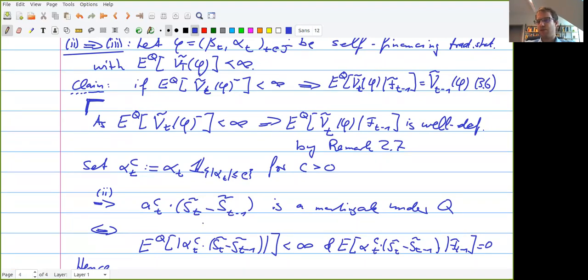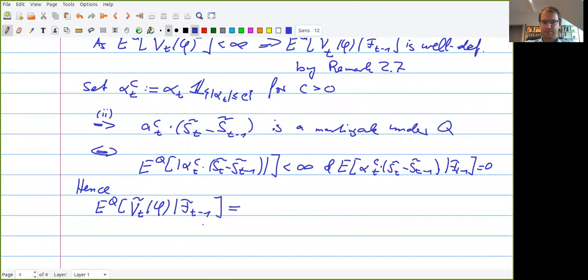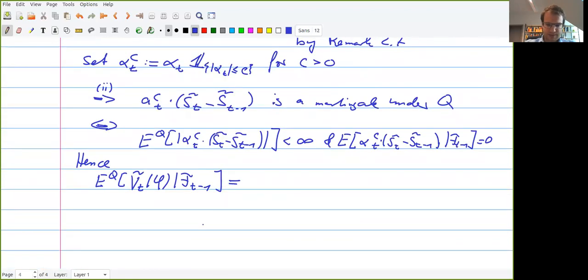This is the claim, property 3.6. So first thing is using the definition. That's nothing else than, right? Because otherwise this is 0 anyway.